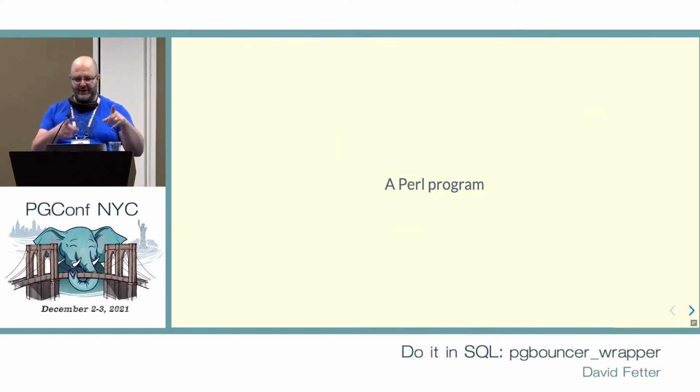Far and away the largest category of bugs that I've gotten on pgbouncer wrapper so far have been, this column got added and it's missing, please put it in. So that's what that tool is for, but it's not part of the running system. You don't have to have Perl on your machine to make this go.